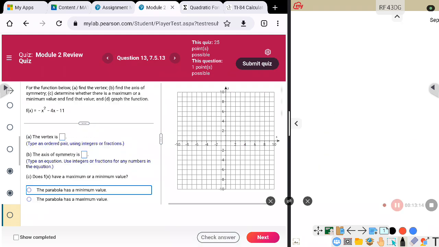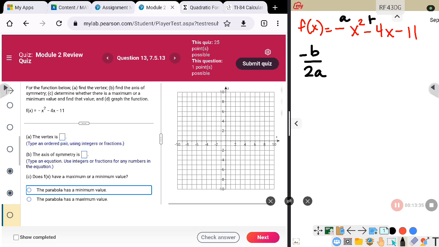All right, this one will be similar. We have f of x equals negative x squared minus 4x minus 11. So we're going to find the vertex again. So the opposite of b over 2a.